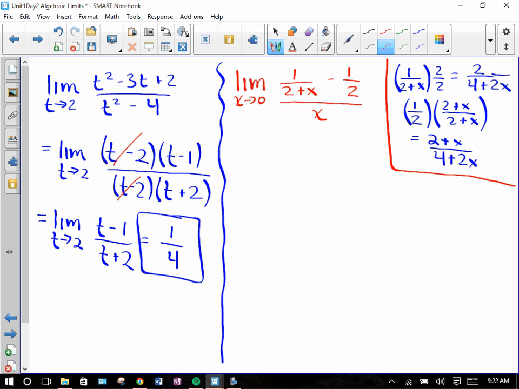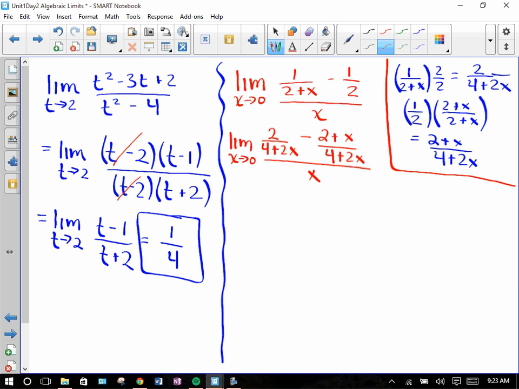So back over to here, I'm going to have the limit as x approaches 0 of 2 over 4 plus 2x minus 2 plus x over 4 plus 2x. This whole thing's over x.